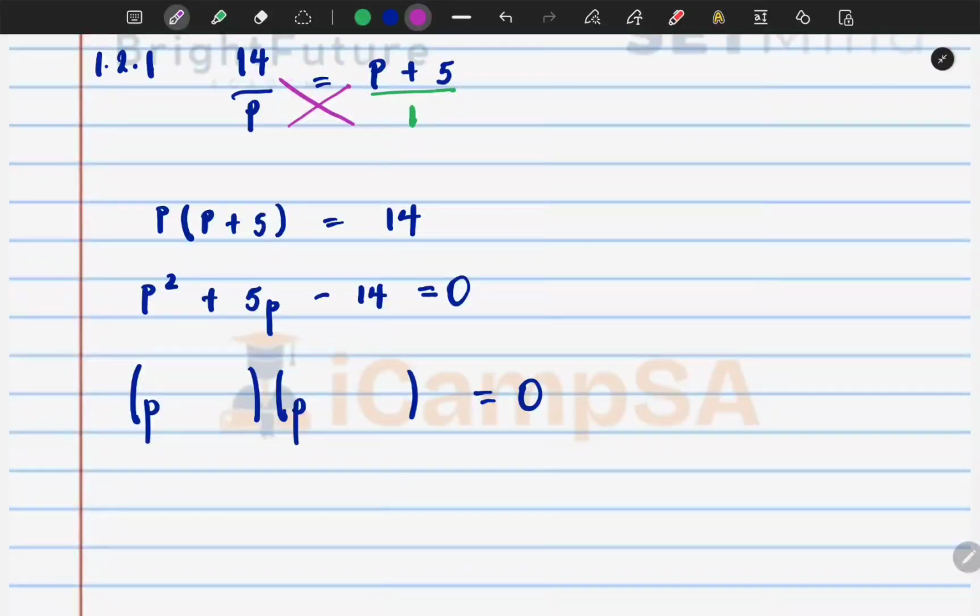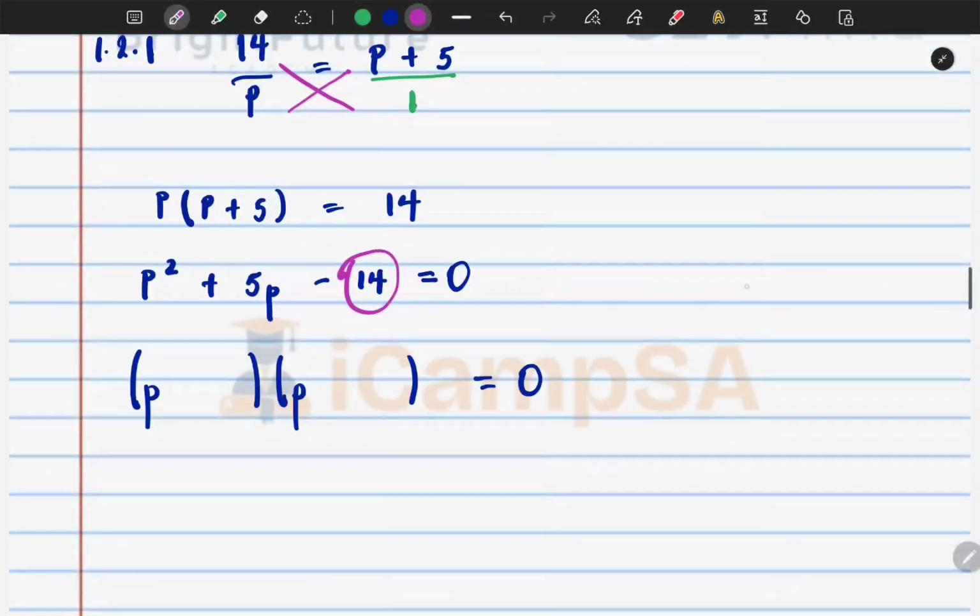Now we want the factors of 14 that will give us a positive 5. The two factors of 14 that can give us 5 are 7 and 2. So we want a positive 5.